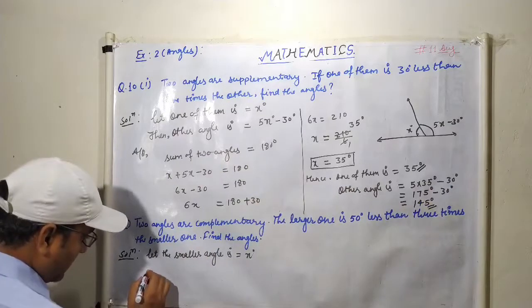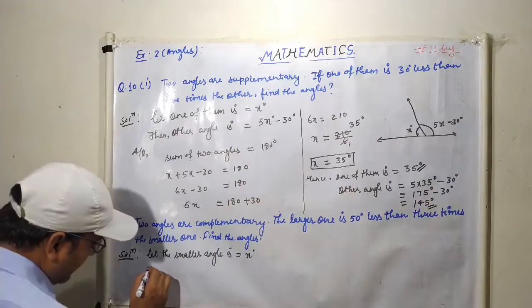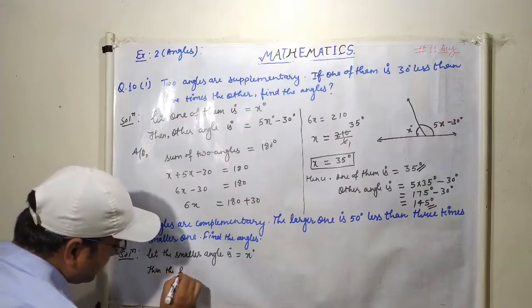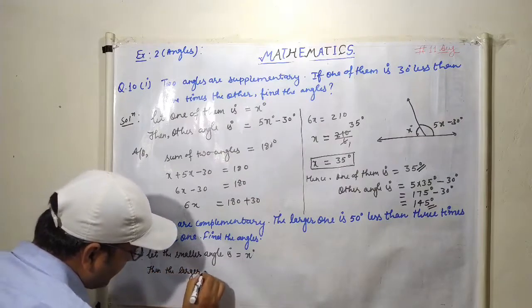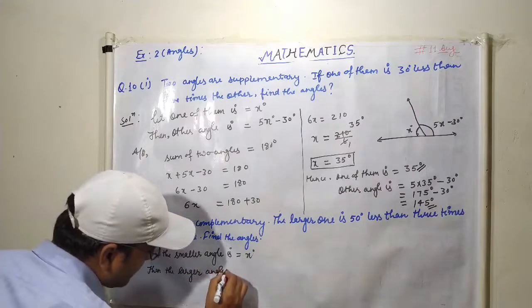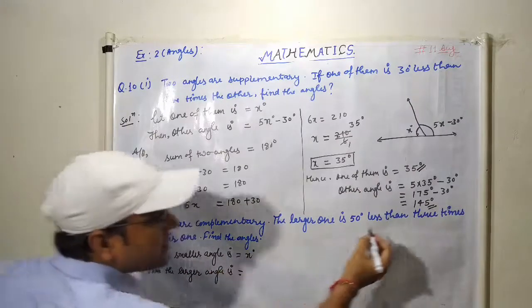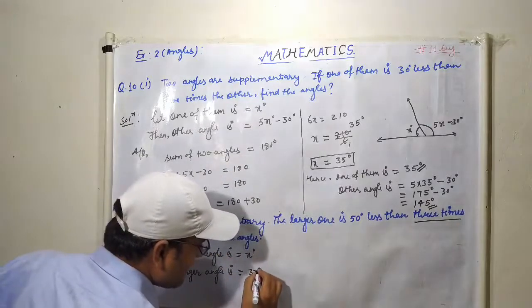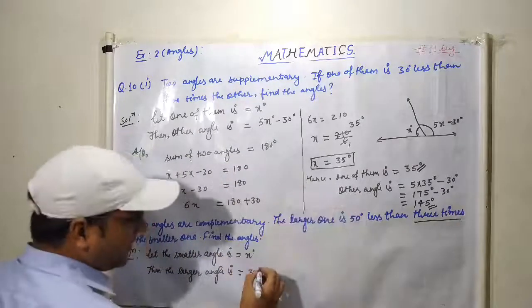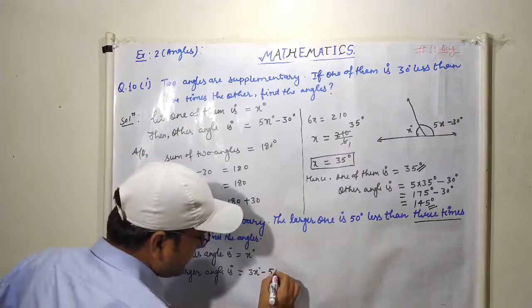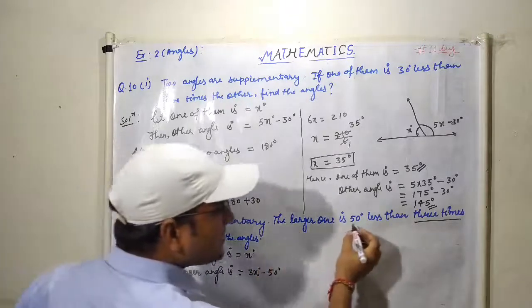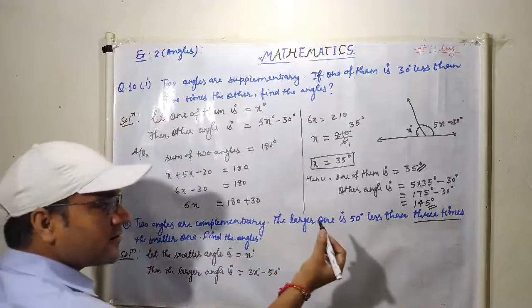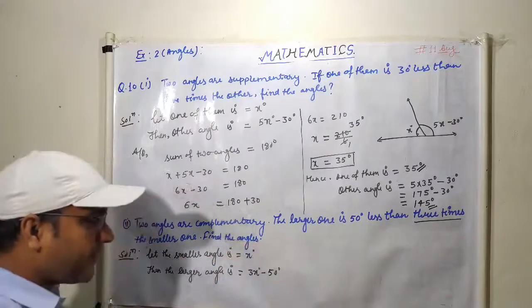So the larger angle is 3 times the smaller one, 3x, and it is 50 less, minus 50 degree. The larger one is 50 less than 3 times the smaller one, 3 times, then 50 less.